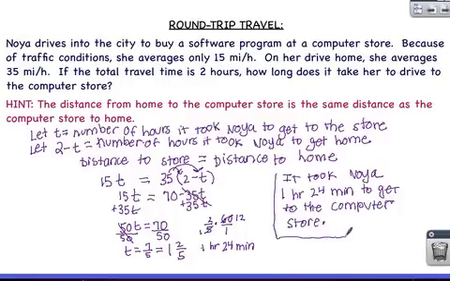We could also figure out then how long it took her to get home, since we know it took 2 hours total, which means that it would have taken her 36 minutes to get home.